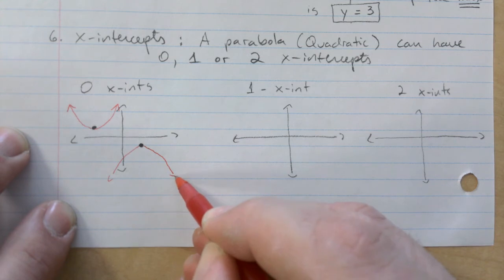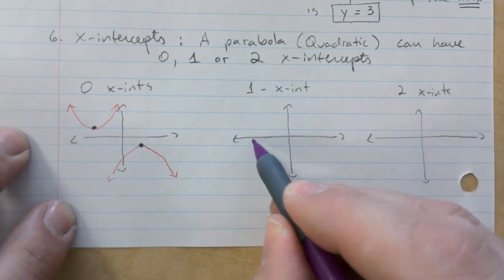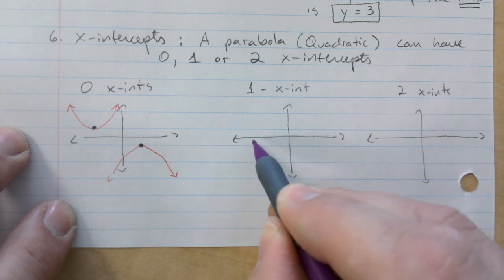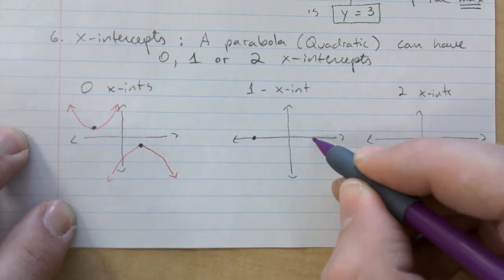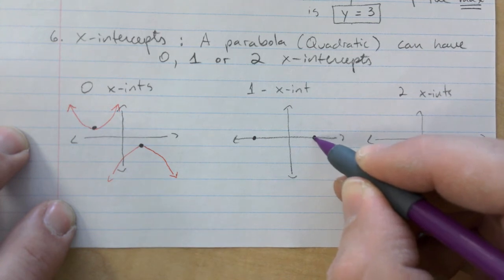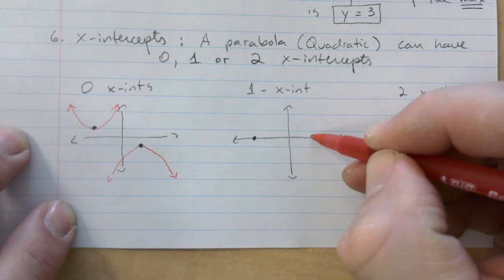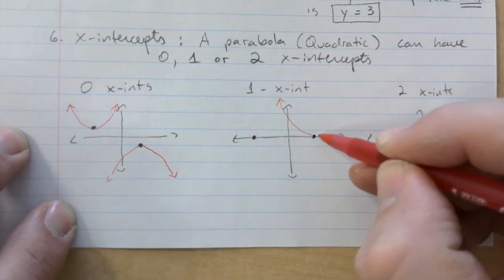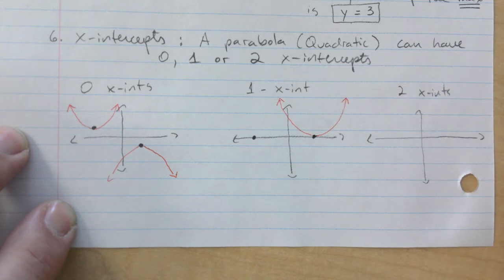And we have arrowheads for now because we don't have a restriction, right? So it just continues. Then you have 1 x-intercept. That's when you end up having your vertex right on the x-intercept, right? So let's do one on either side. Let's make this one point up. So I'm going to go this way, and I'm going to go this way, right?